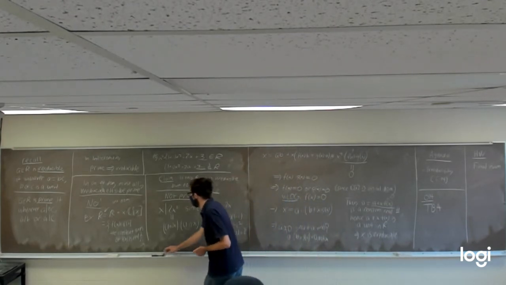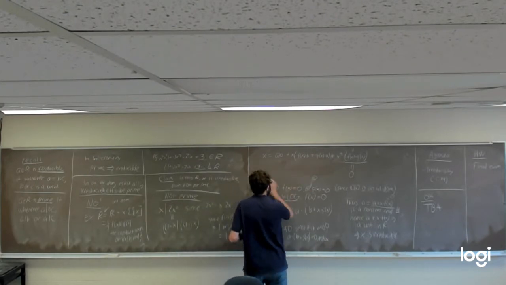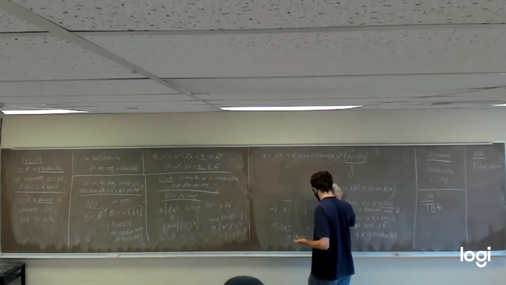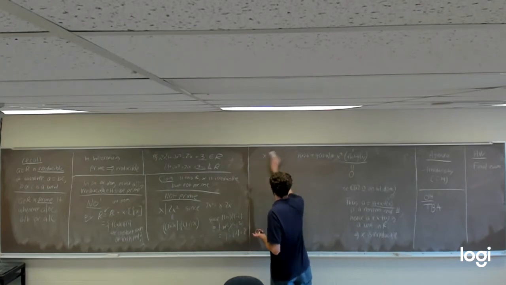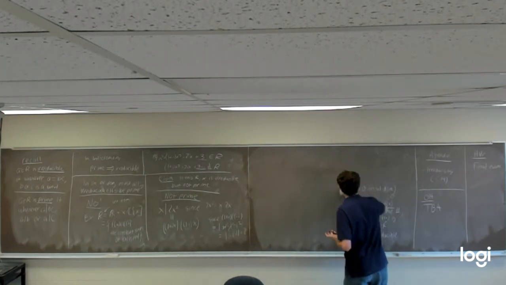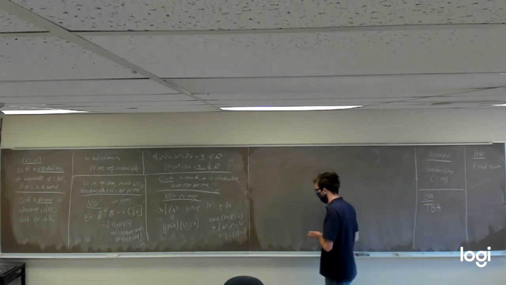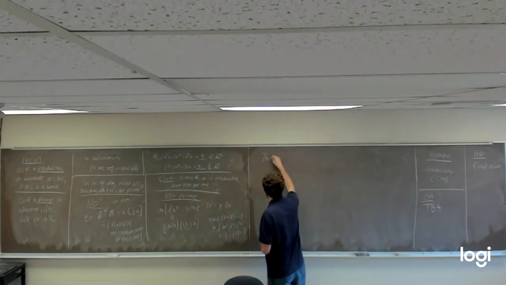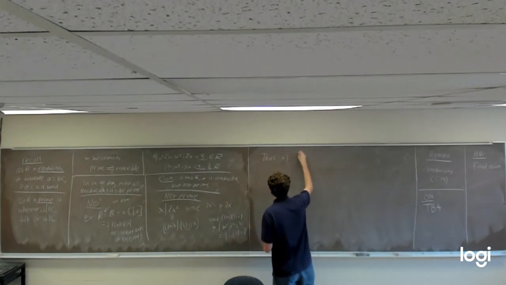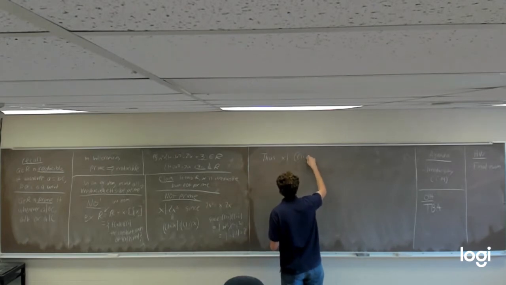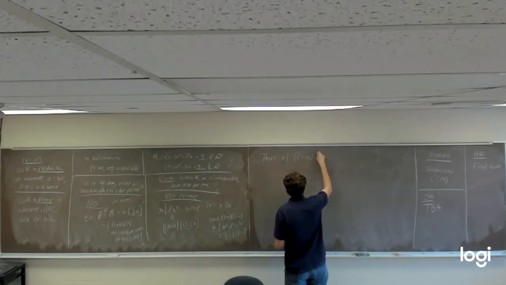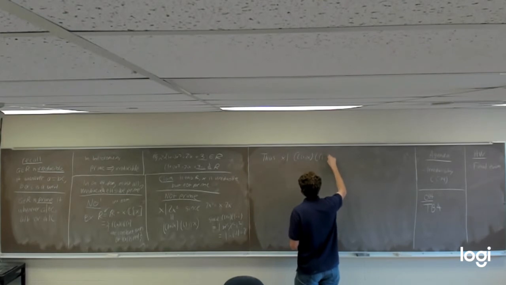So x divides 2x squared, thus x divides the product of (1 plus i) times x times (1 minus i) times x.